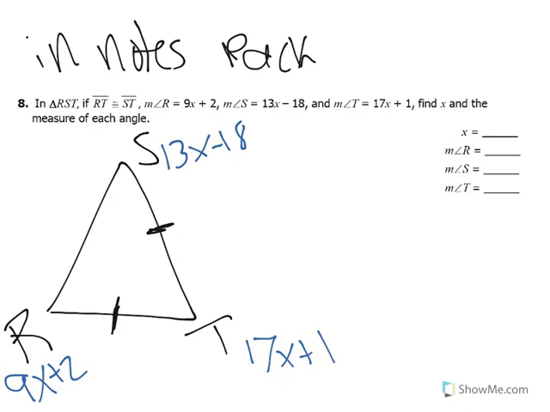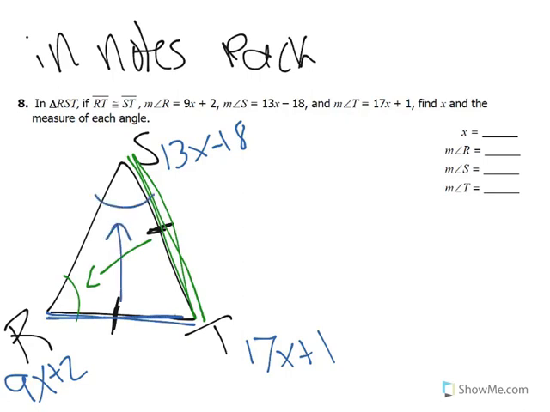So we need to figure out which two angles are congruent. To do that, we want to find the base angles. So start with your legs. This leg does not touch this angle. Our other leg, down here, does not touch that angle. So those are the two angles that are congruent.